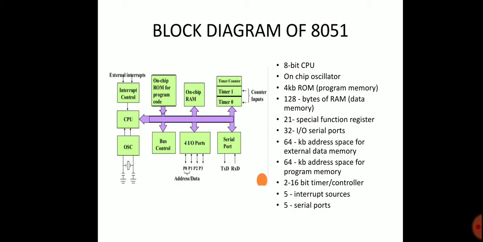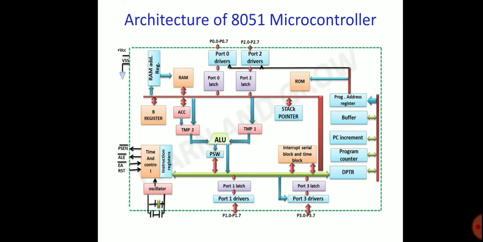Now we see the general architecture of the 8051 microcontroller. This is our general block diagram. The ALU performs arithmetic and logic operations, and there are port 0, port 1, port 2 and port 3. These ports are the input and output ports of the 8051 microcontroller.